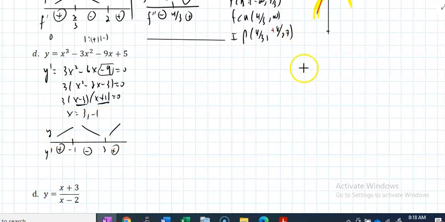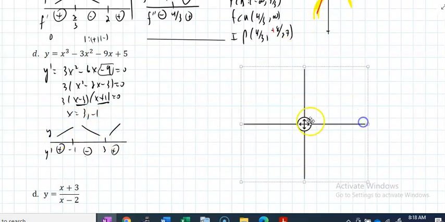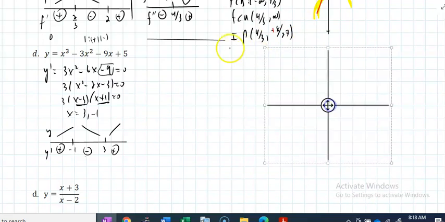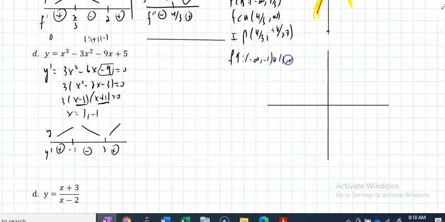So again, we draw all of our conclusions in one place. We say f is increasing from negative infinity to negative 1, union with 3 to infinity. F is decreasing from negative 1 to 3. We have a local max at negative 1, and if I plug that in, negative 1 minus 3 plus 9 plus 5, 14 minus 4 is a 10.